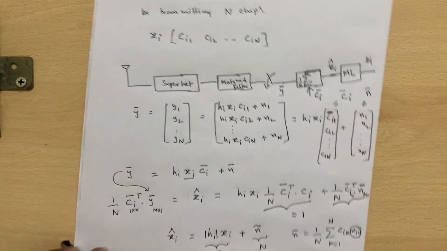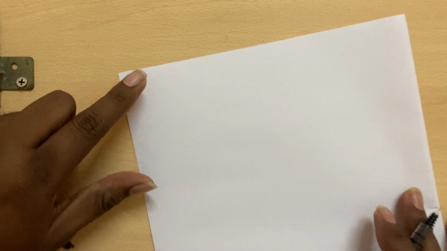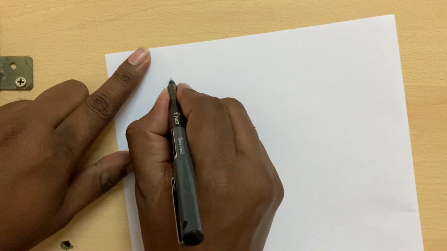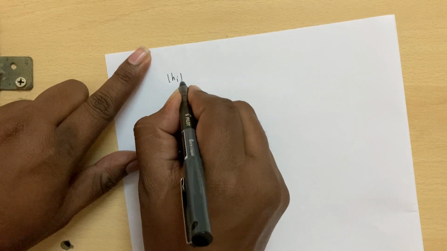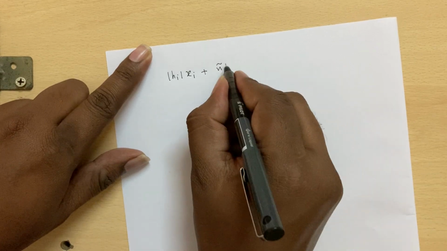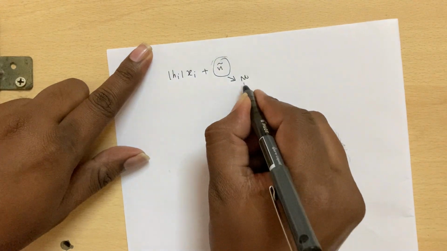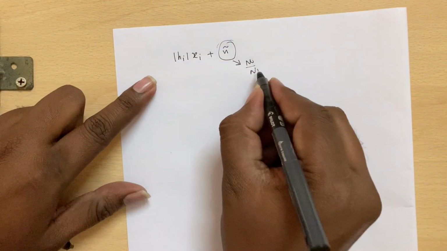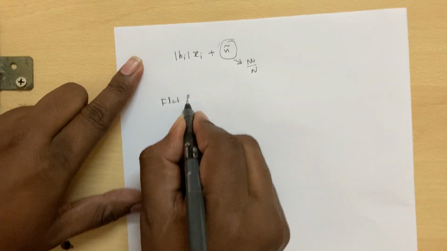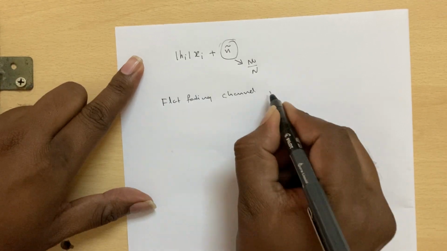If you observe the received symbol after despreading, that means after multiplying by the code word at the receiver, it is nothing but mod h_i into the transmitted symbol plus some noise component, whose noise power is now N0 by N, not N0.